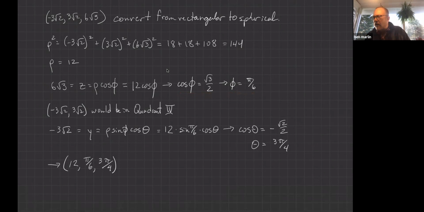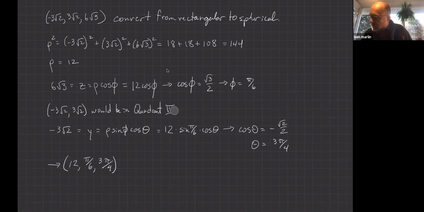Okay. All right. Then we still have to figure out the theta. And the theta is a little bit harder here. If we were just looking at x's and y's, we'd say something about this being in quadrant 4 in 2 dimensions. And if we're in quadrant 4, yeah, and I wrote the wrong thing there.